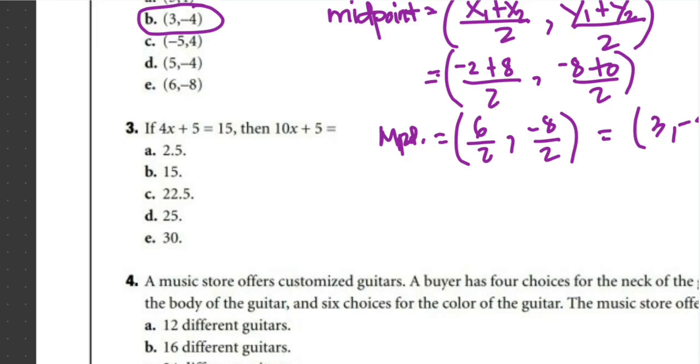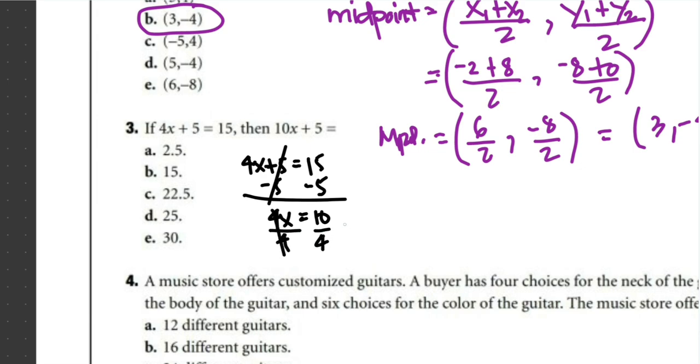You solve for x first. 4x plus 5 equals 15. Then we subtract 5 from both sides, so we have 4x equals 10, right? Divide by 4. 10 over 4. That is 2.5.